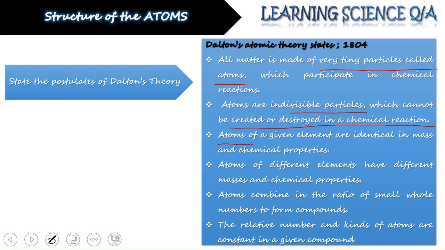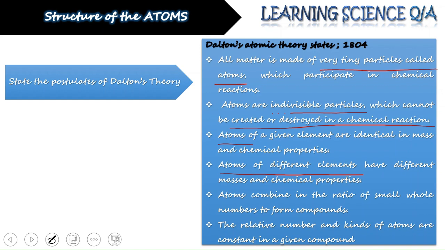All atoms present in, suppose, iron will be of the same kind. Alternatively, atoms of different elements will be different in terms of physical and chemical properties. Atoms of iron and copper will be entirely different.